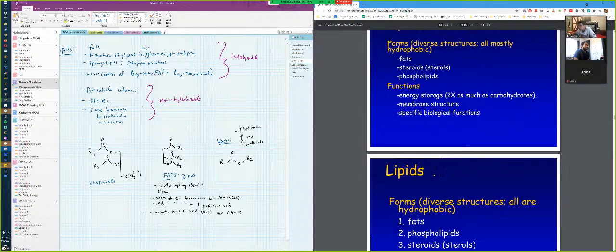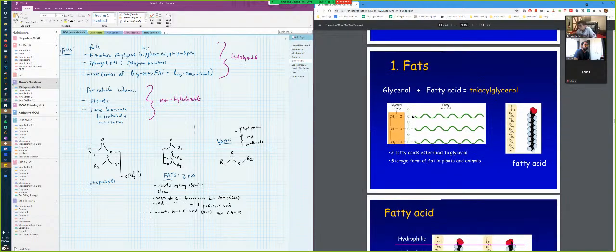Because you see in the PowerPoint, they're talking about it right here. Triglycerols with 3 fatty acids connected to 3 hydroxyl groups, right? That's what glycerol is, correct? And then it'll combine with fatty acids to make the fat.